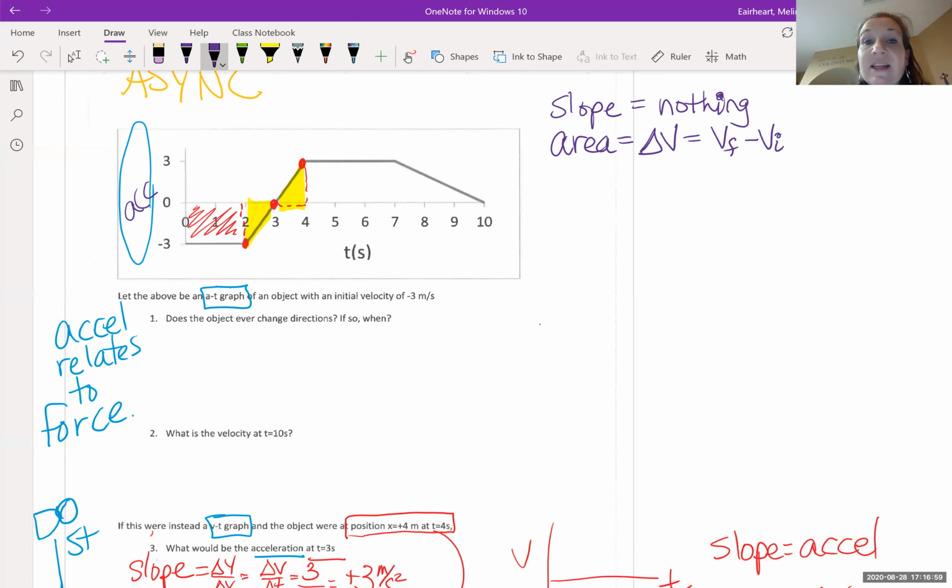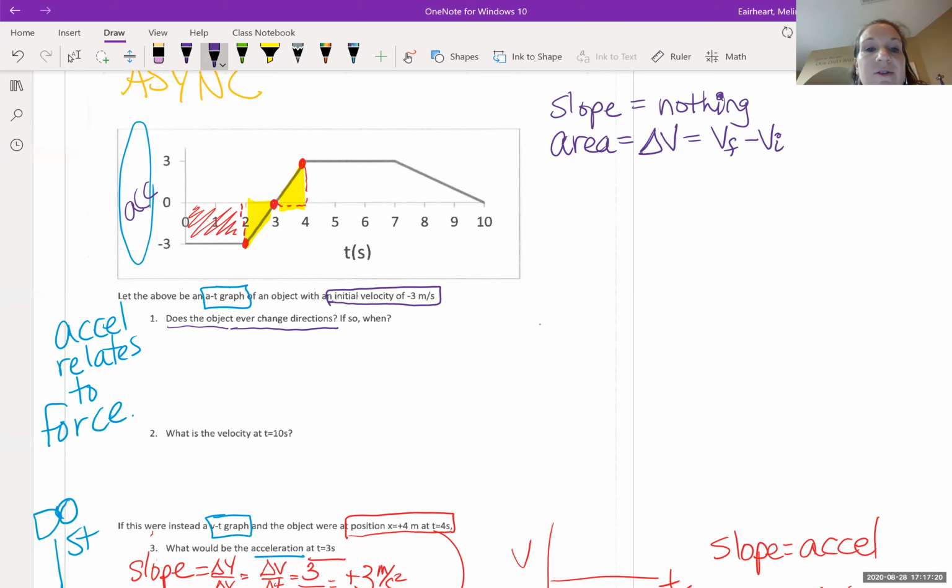And we're going to be using that because in the prompt it says the object has an initial velocity of -3 meters per second. And it says, does the object ever change directions? If so, when? And then we'll find a velocity at the very, very end.